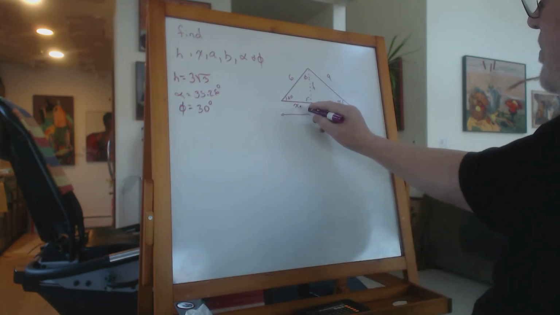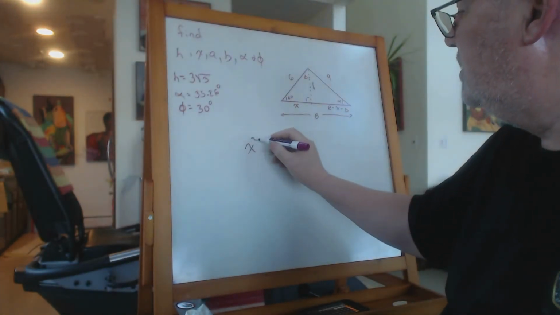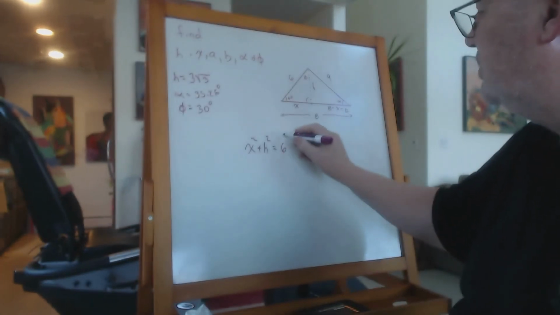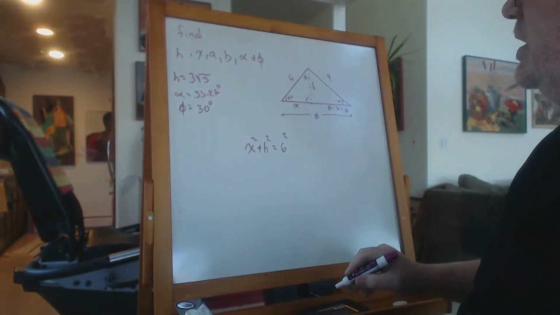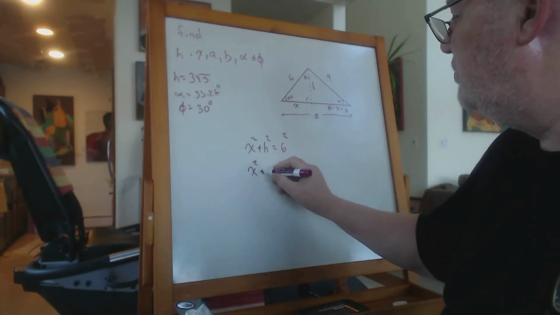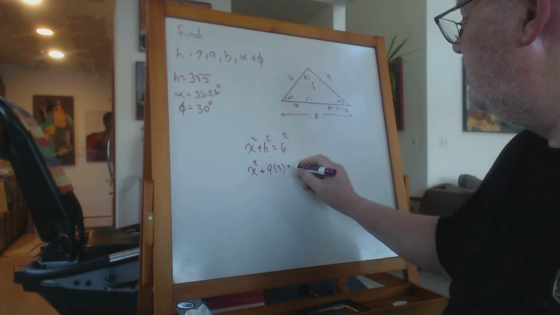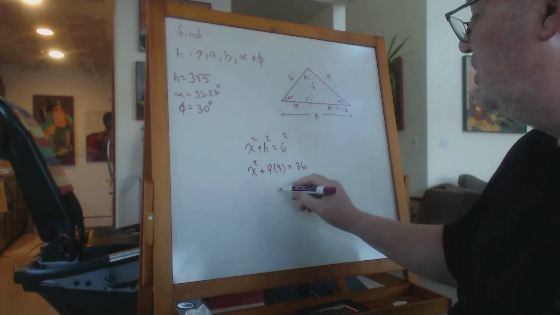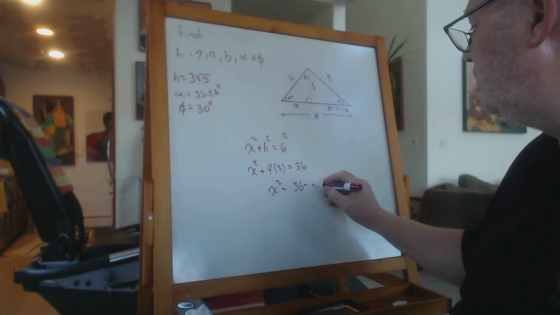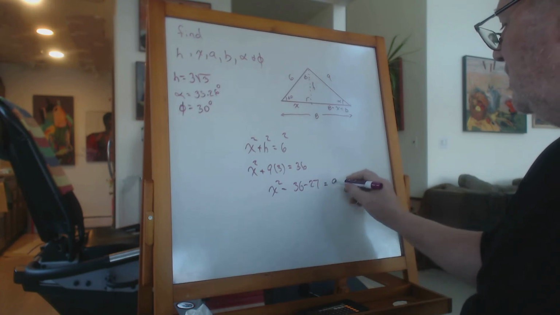Let's use the Pythagorean Theorem to find x. So we have x squared plus h squared equals r squared, 6 squared. But h is that, so x squared plus 9 times 3 equals 36. X squared equals 36 minus 27, and that's equal to 9.